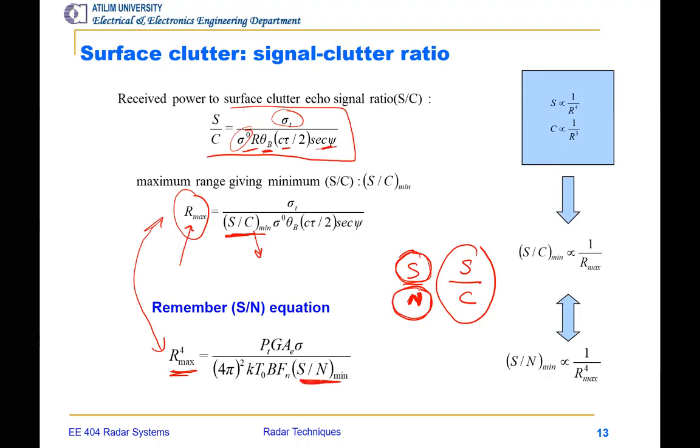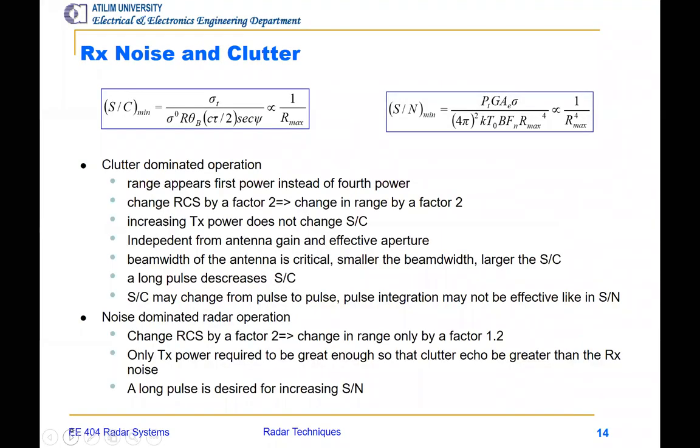Okay, and if we compare these two, S over C minimum and S over N minimum, we see that S over C minimum is inversely proportional to the maximum range, while S over N minimum is inversely proportional to the fourth power of the range. Okay? So then there may be some conclusions that we can draw.